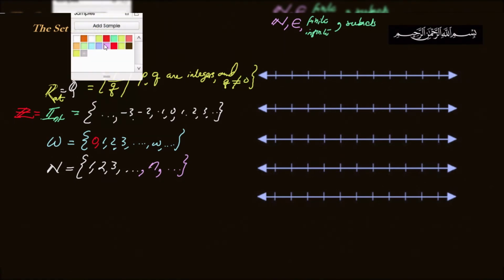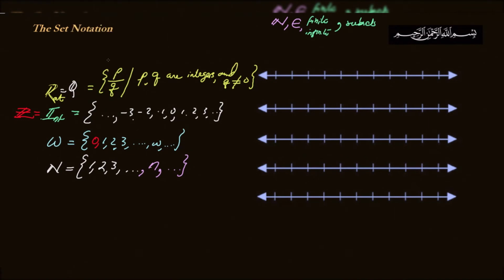You can write it like that, or in a more elegant fashion, you can say the set of all numbers that can be written as a fraction P over Q, such that P and Q are elements of the set of integers. You can use the Z, or just write the set of integers like this.